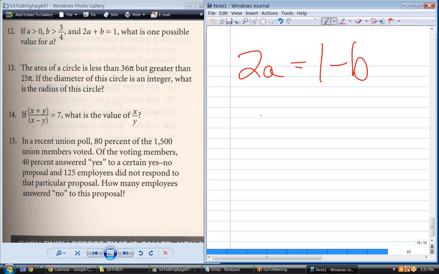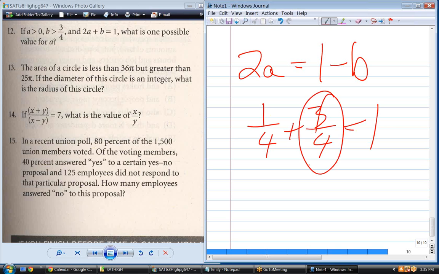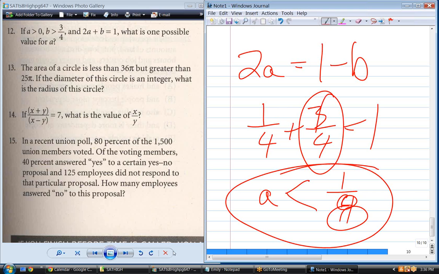Really, that's wrong, because that would mean 1/4 plus 3/4 is equal to 1, but B has to be greater than 3/4. Yeah. So A could be 1/5. Exactly. A has to be less than 1/4 or 1/8. Oop. A has to be less than 1/8, right? Yeah. Hold on, did I make a mistake there? What was your first answer? My first answer was 1/8. And my second answer was 1/10. So it has to be less than 1/8. So 1/9, not 1/5.